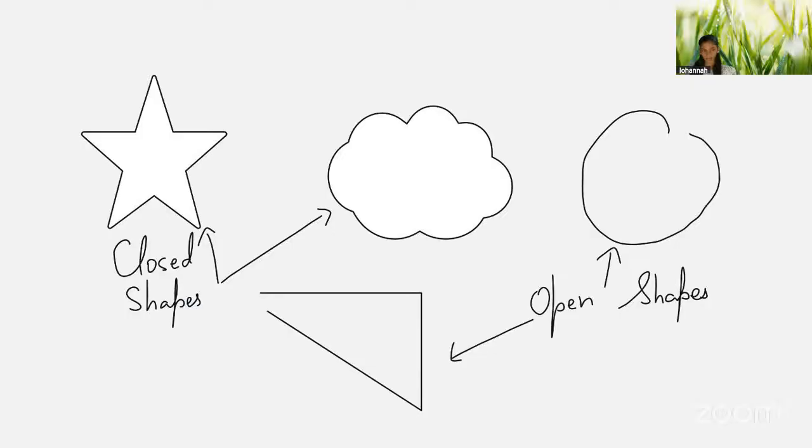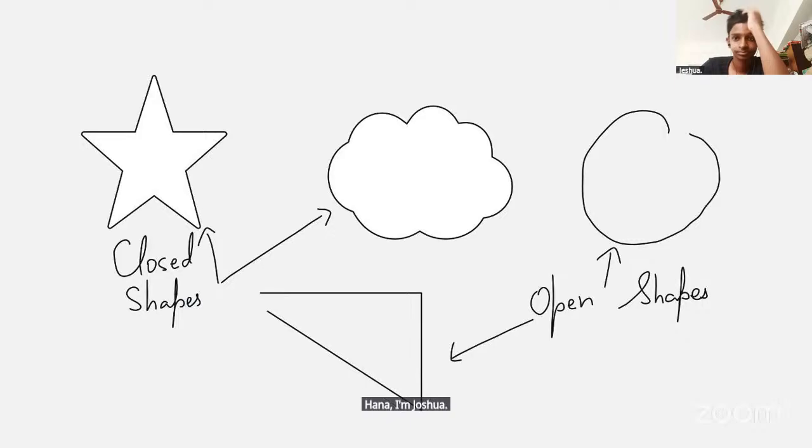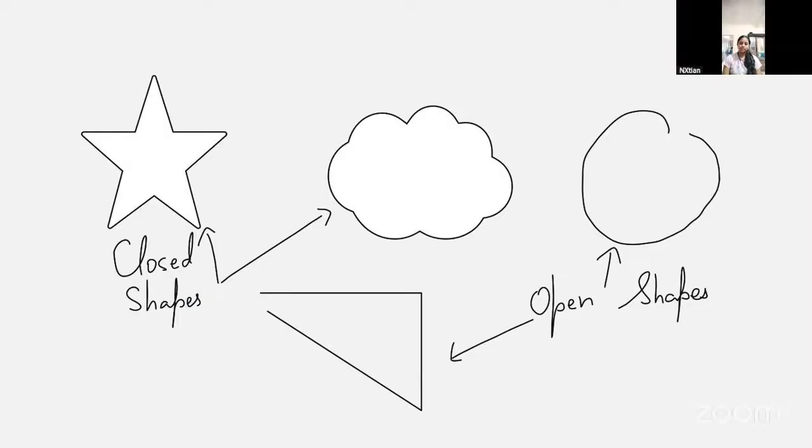Done. Okay, okay. Hannah and Joshua. Done, ma'am. Okay. What about you, Hannah? Done?